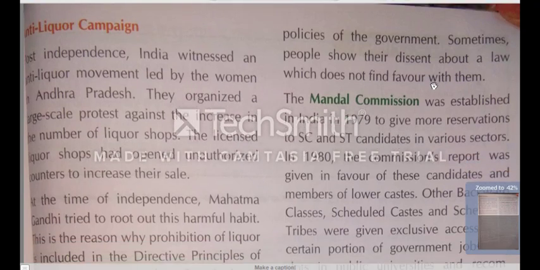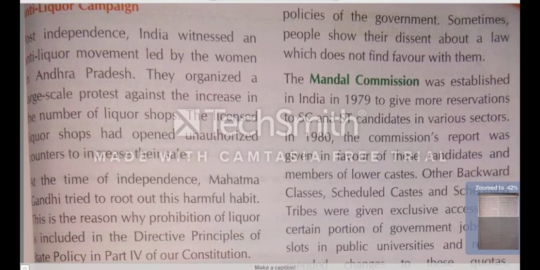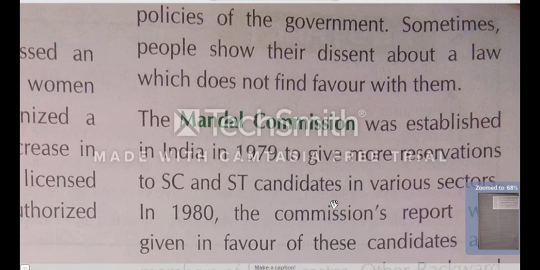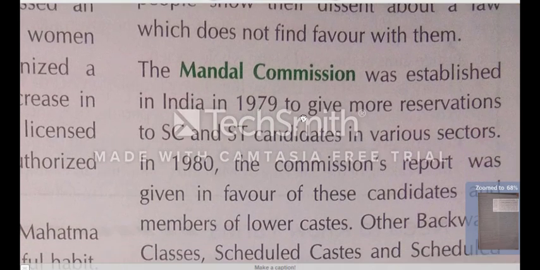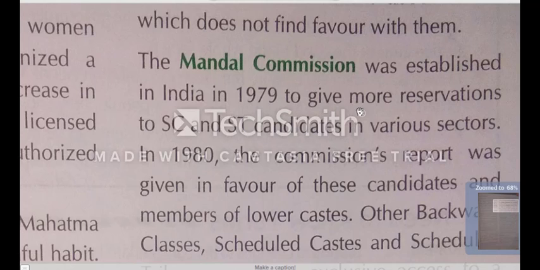Now you will see the Mandal Commission was established in India in 1979 to give more reservations to SC and ST candidates in various sectors. What is the full form of SC ST? SC means scheduled caste and ST means scheduled tribe.